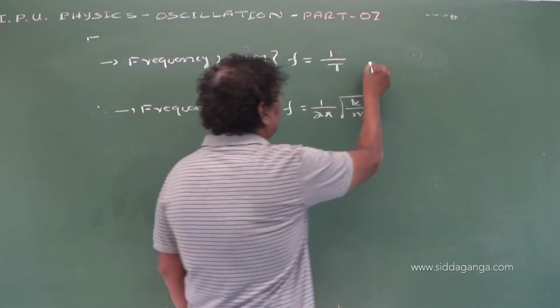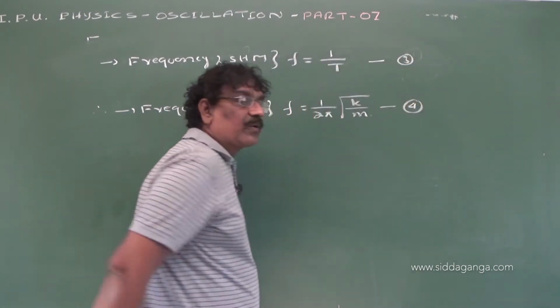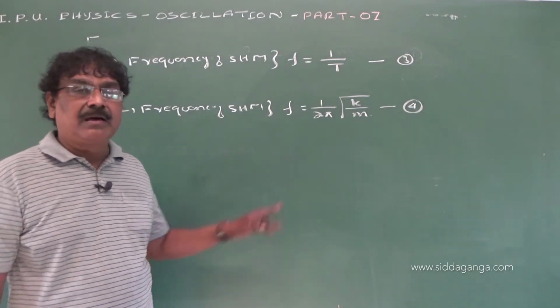This I will take as equation 3, and this as equation 4. This expression gives the frequency of simple harmonic motion.